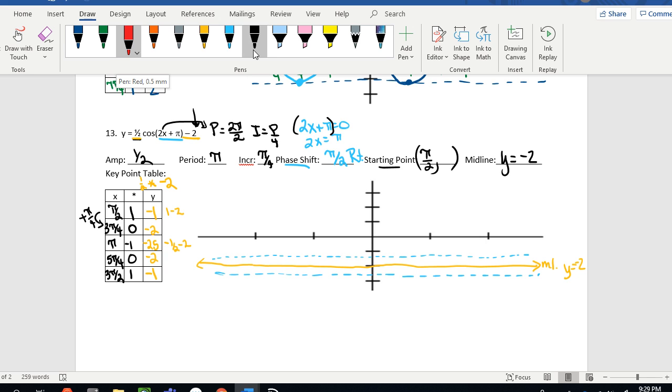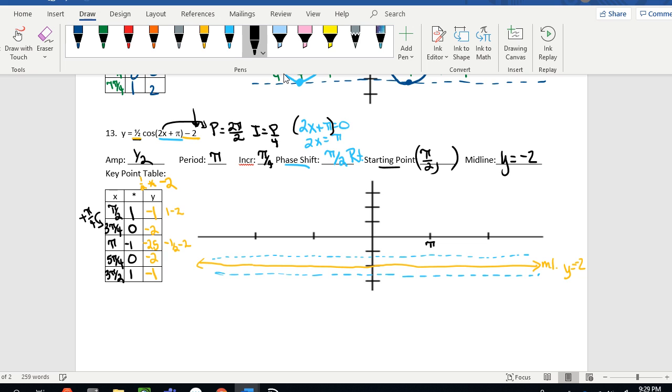Once I have the amplitude lines, let's graph. It's almost Christmas. I feel like graphing in red. My period is pi, and they're pi over 4s.